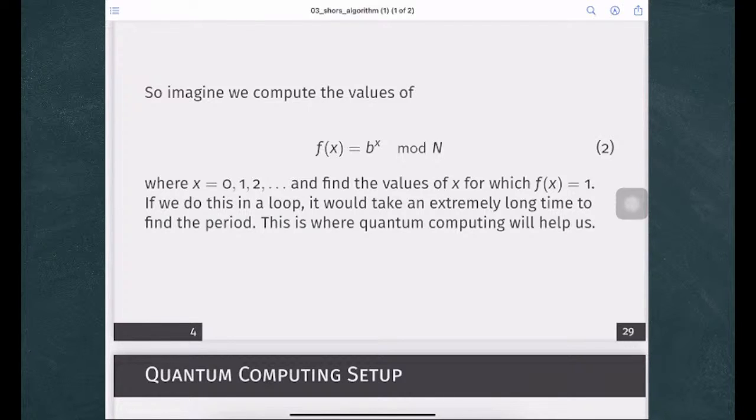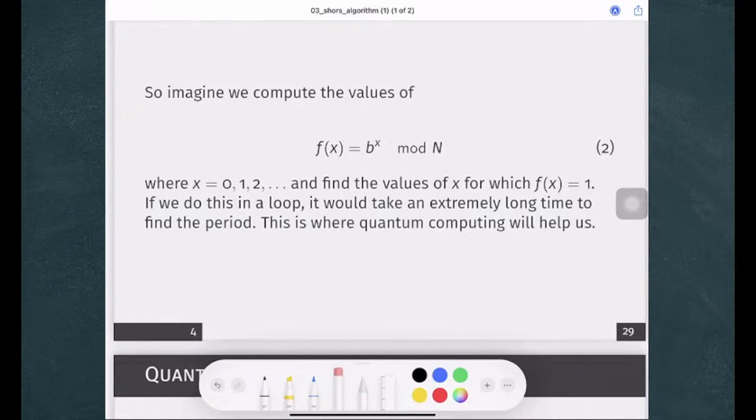So if n is equal to 3, then 3 qubits, which means that we can generate all numbers from 0 to 2 to the n minus 1.